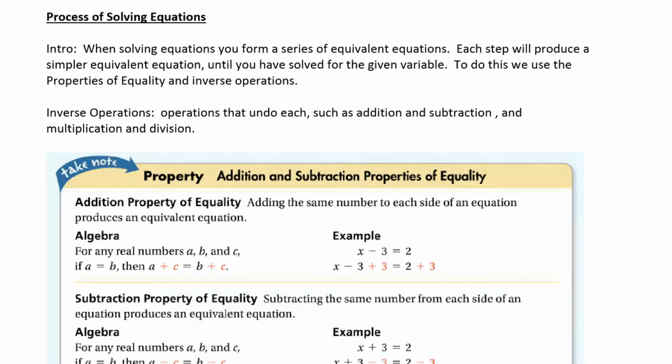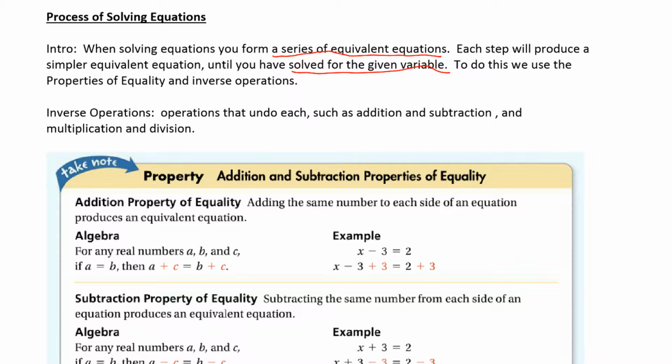During the process of solving equations, you form a series of equivalent equations. Each step produces a simpler equivalent equation until you have solved for the given variable.